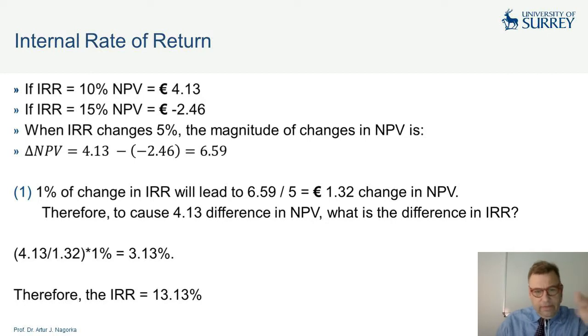Therefore, the internal rate of return in this case will be 13.13, meaning 10% that we took as a basis, and then we add this 3.13%. I know it was sort of mathematics, but it was not so complicated, I hope, at least.